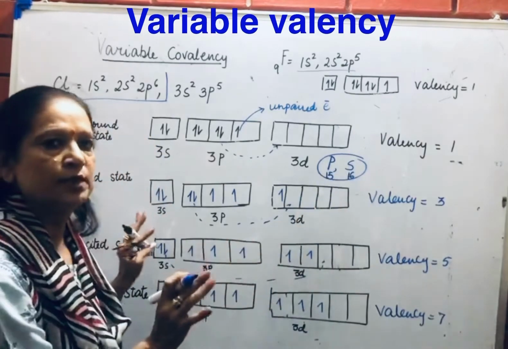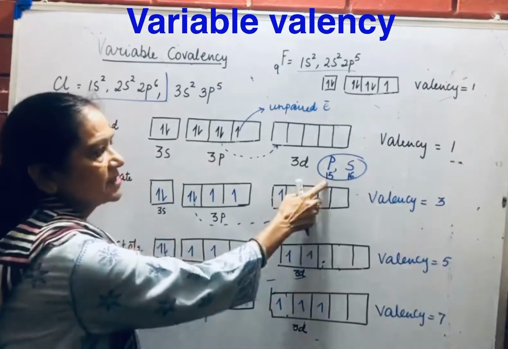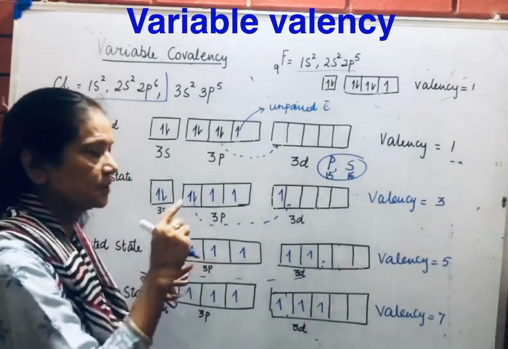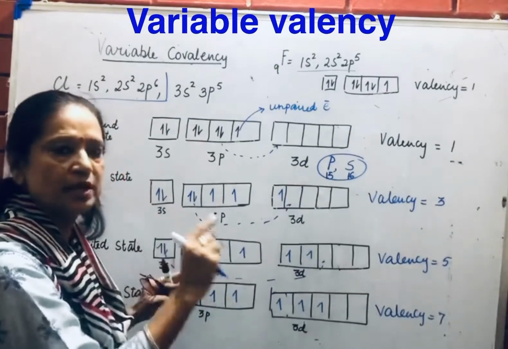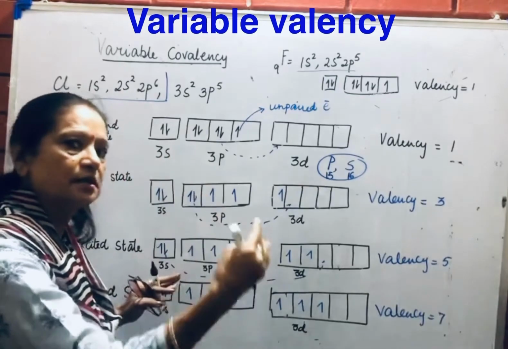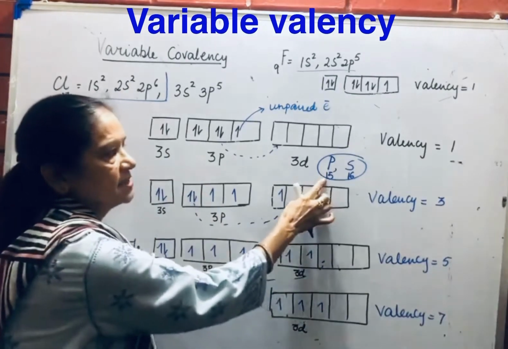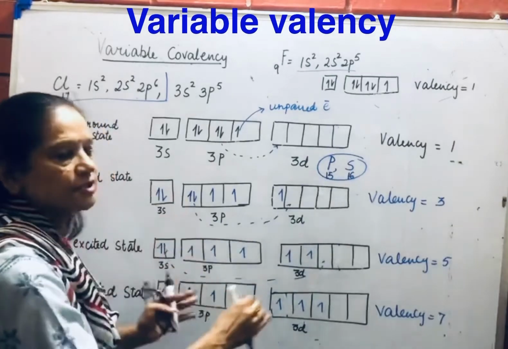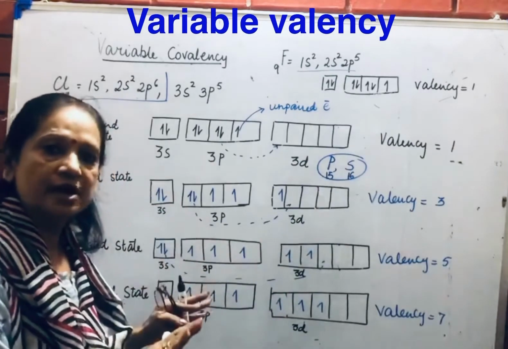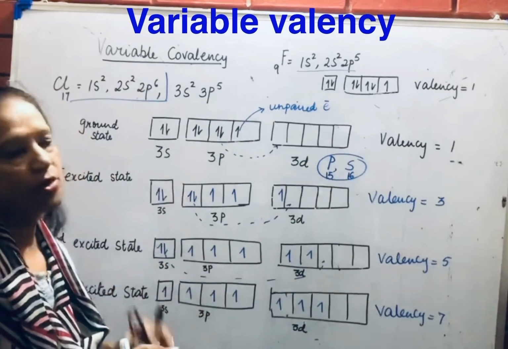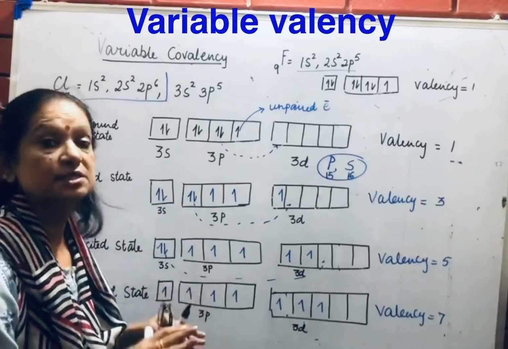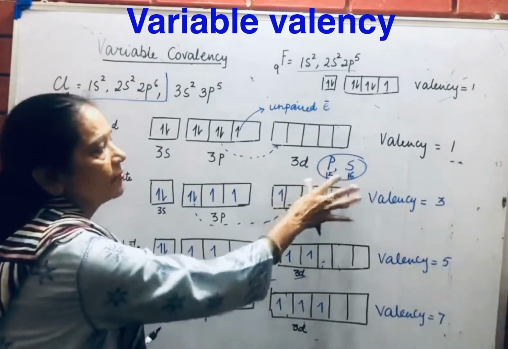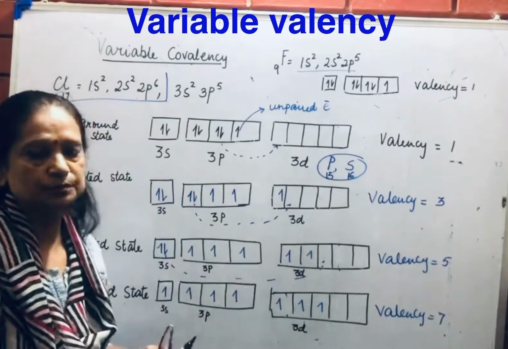Exactly in the same way, 15 will become 2, 8 and 5. That means we are in the third shell, so it contains a d orbital here. This also contains d. You can keep shifting the electrons till all of them have become unpaired and check what valencies phosphorus and sulfur can show.